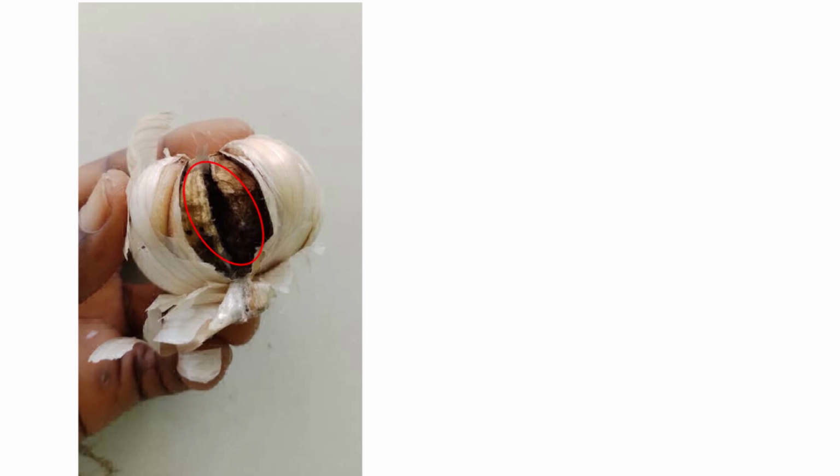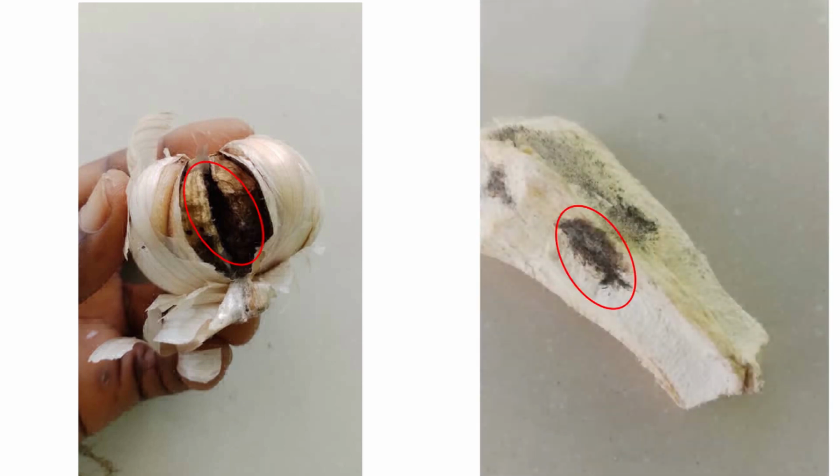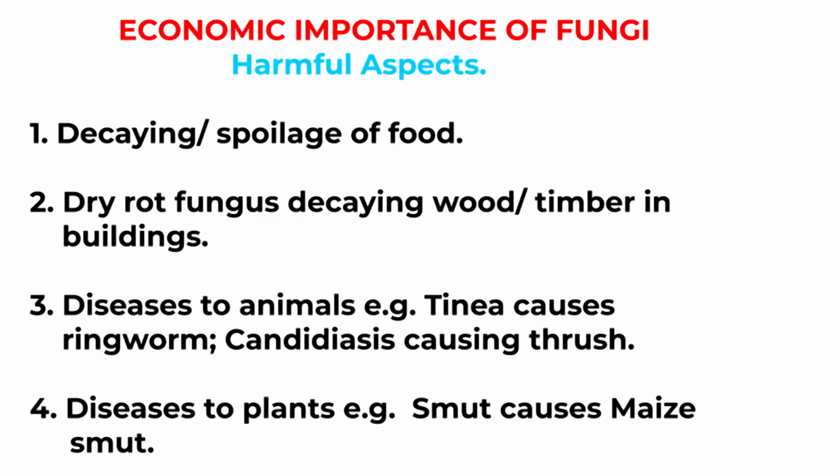I also saw this black soot from fungi on cassava that is being dried for food, kpokpo garri. So drying and keeping food must be watched carefully so that fungi do not grow on the food and cause cancer. Another harmful effect is dry rot fungus like bracket or shelf fungus.